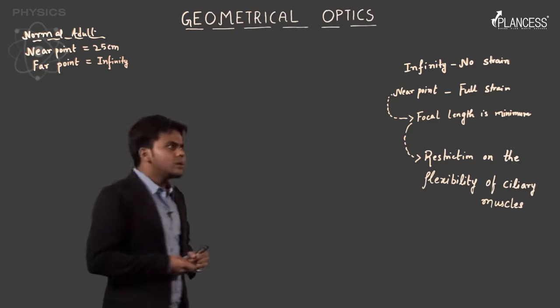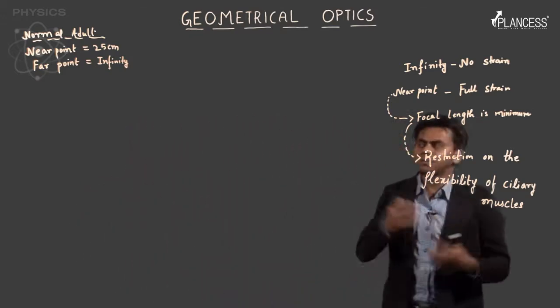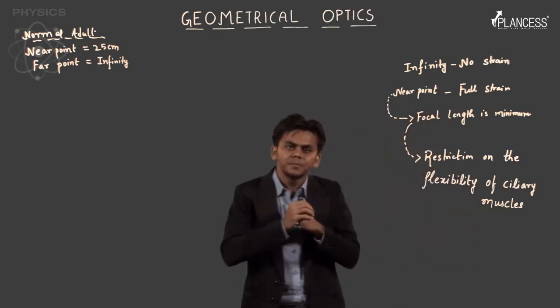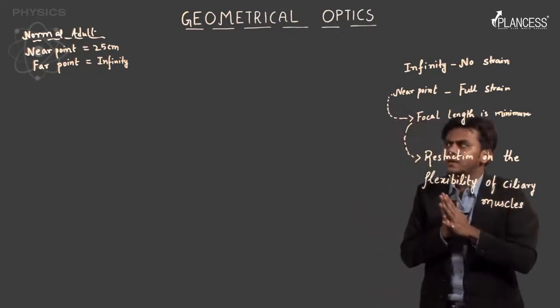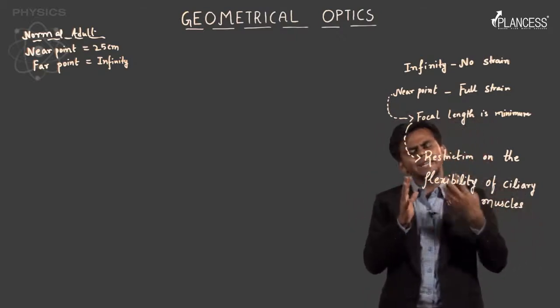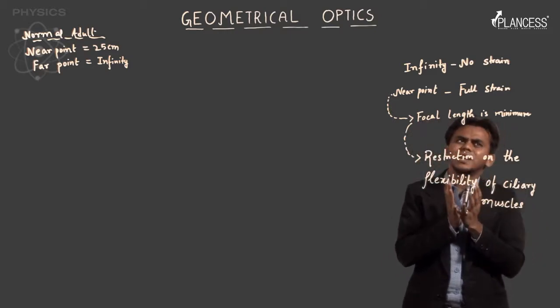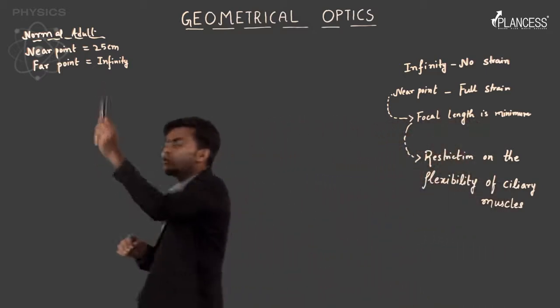Now, with gradual aging of ciliary muscles, my ciliary muscles could lose its flexibility. If it loses its flexibility, it won't be able to decrease the focal length by much value. So my near point over here could change.